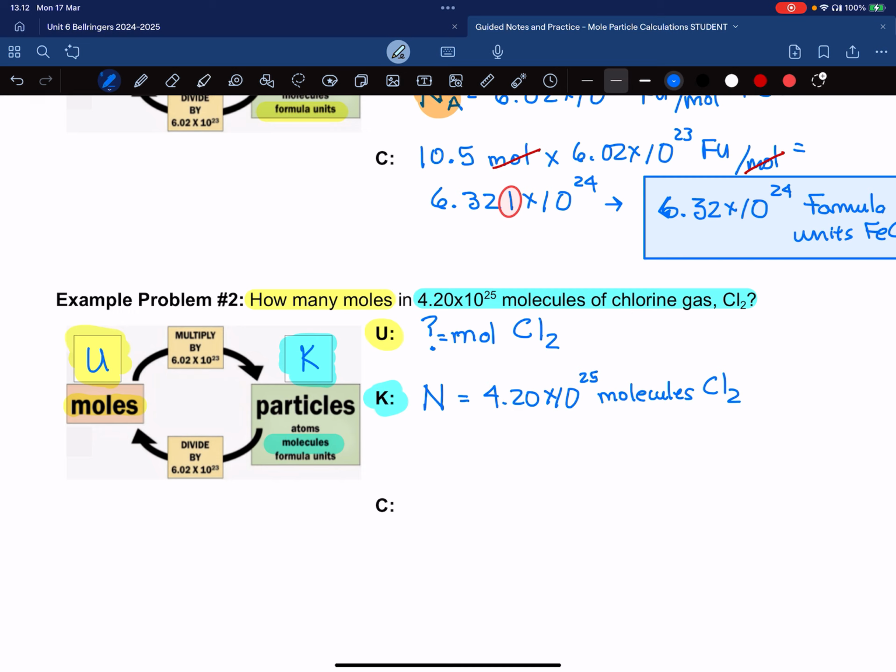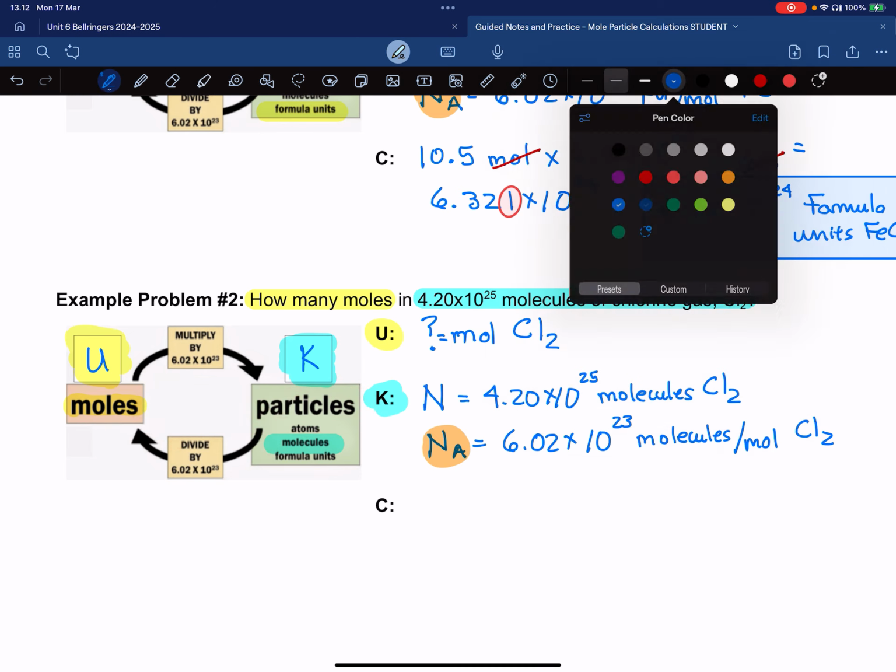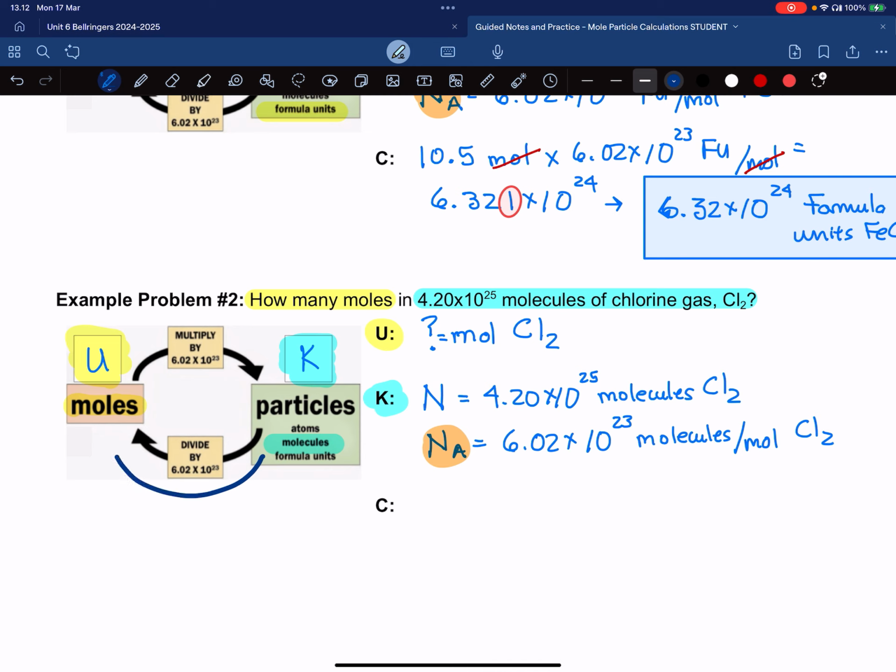Now, the thing that we're always going to have as a known is Avogadro's number. So that's always going to be a known for us. 6.02 times 10 to the 23rd molecules per mole chlorine gas. We're going from particles to moles, so we're going to take the low road, divide by Avogadro's number.